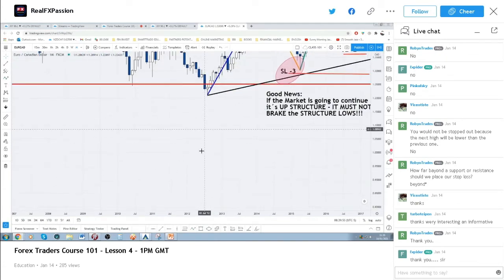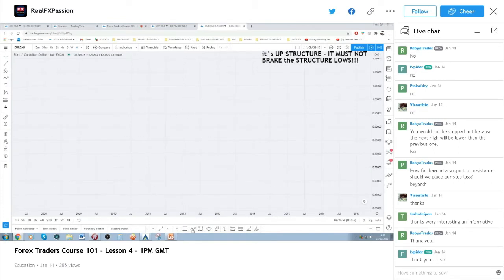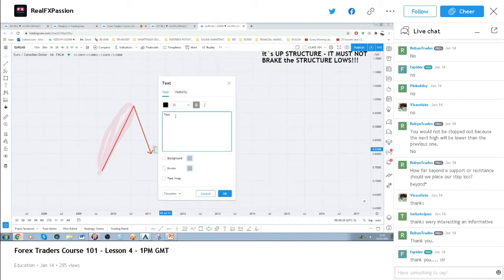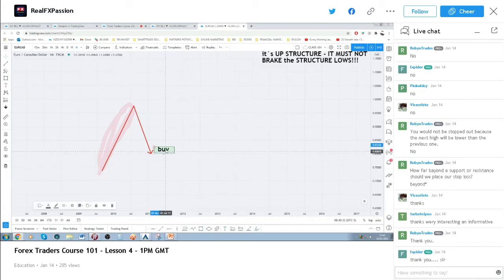So let's talk about trends one more time. If this is the extension, and I'm buying the market, and the same logic goes to selling a downtrend, so this is the buy.